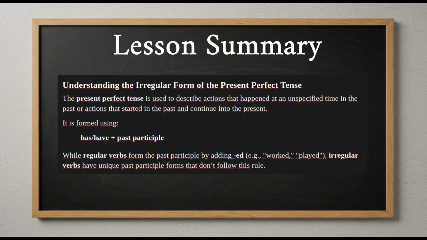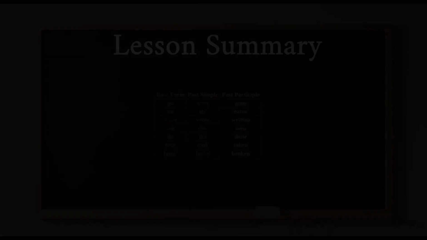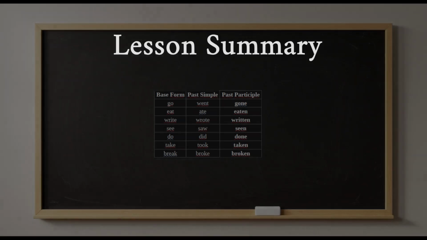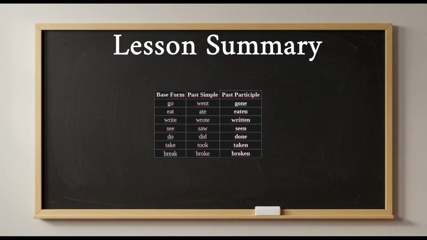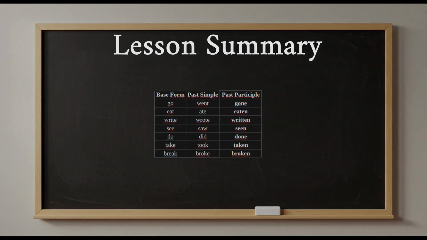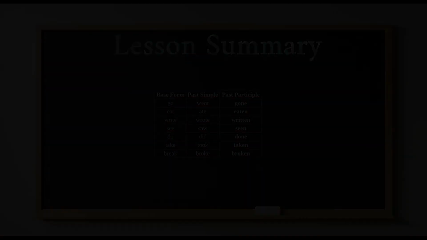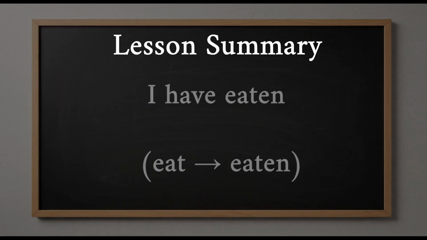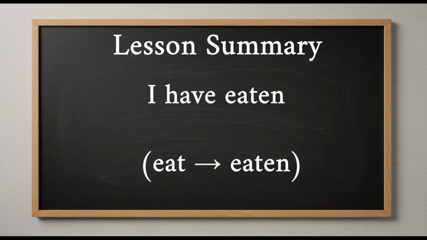Some verbs are going to be irregular, such as go, eat, write, see, do, take, and break. So remember to practice a lot and do not say things like I have ate. It's I have eaten, okay?